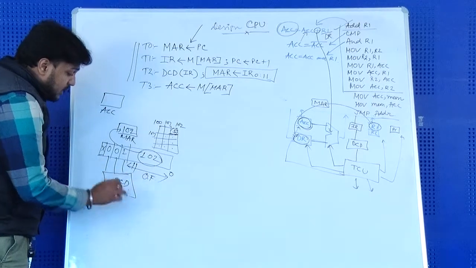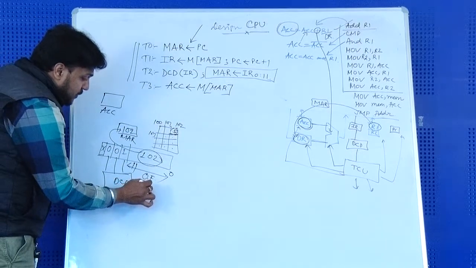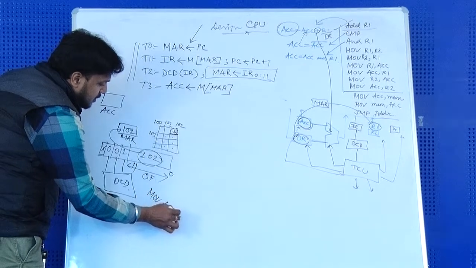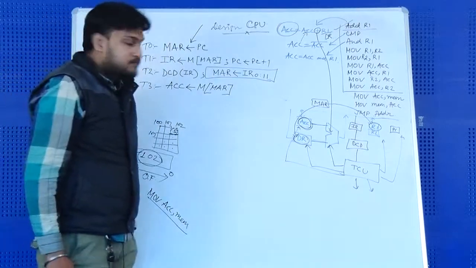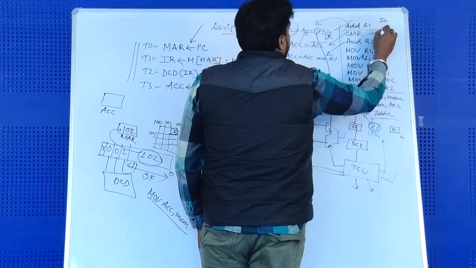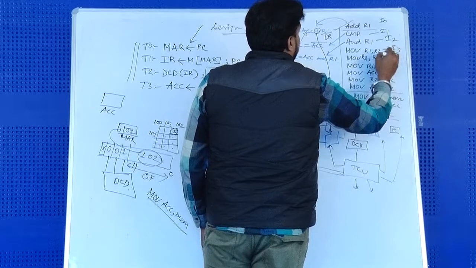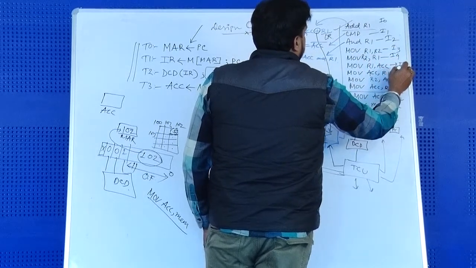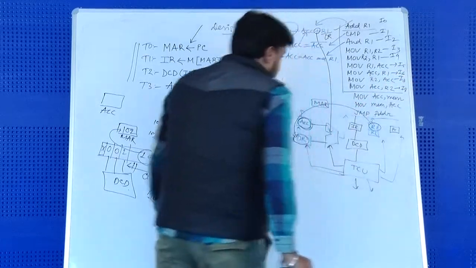This decoder will tell the timing and control unit that we want to perform move accumulator comma memory. How? Because I said that in this case I0 will be high, in this case I1 will be high, I2 will be high, I3, I4, I5, I6, I7, I8 will be high.